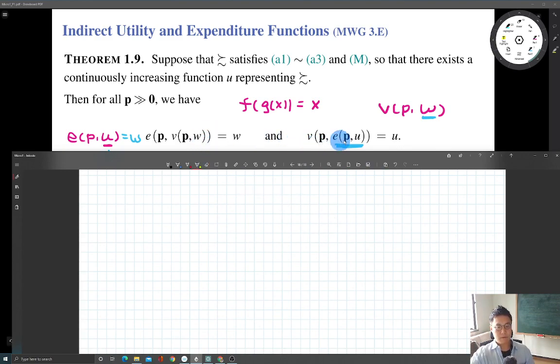And to prove the second result, the proof is almost the same. So we want to show that V of P comma W equals U. But by the way, W is given by this expenditure function.